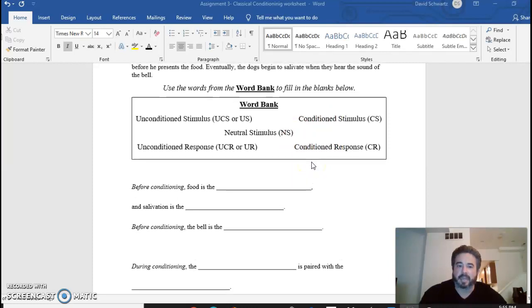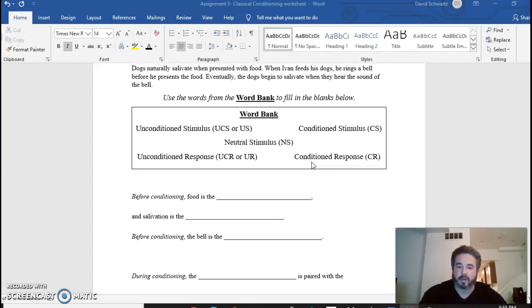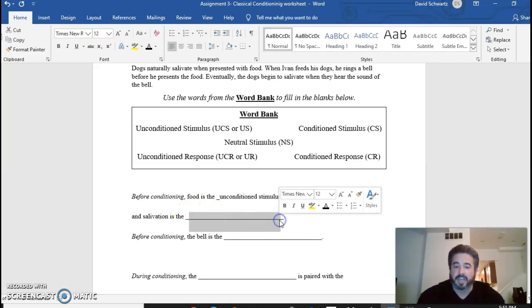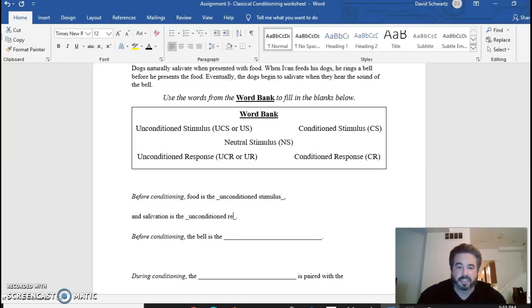So, in Pavlov's dogs scenario, before conditioning, food is the unconditioned stimulus, which produces the response of salivation naturally, meaning salivation is the unconditioned response.